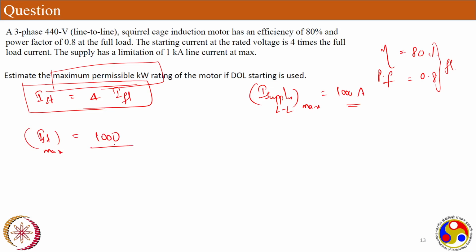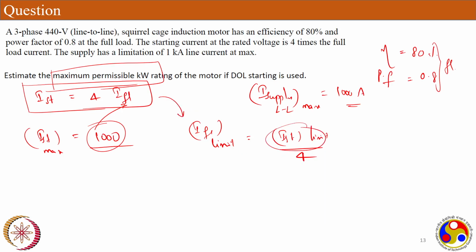That's what your supply limit is, right? And now at this particular starting current, let's calculate how much is the full load. So your I full load limit would be your starting current limit divided by 4, from this particular relation.